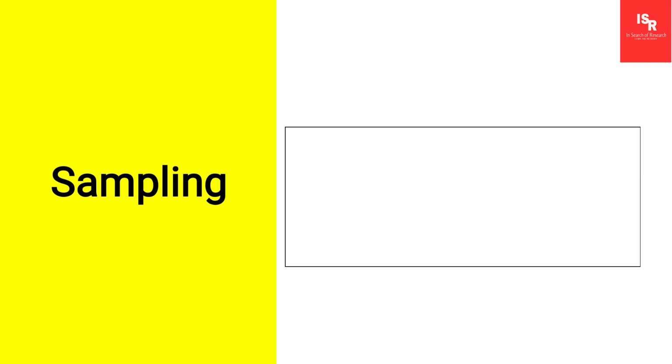We'll discuss this in this video, and subsequently I will make different videos to make it a series, and we call this series the sampling series. In this series, we'll discuss different types of sampling techniques you can use in your research, either for quantitative research or qualitative research. So let's start with what exactly sampling is.